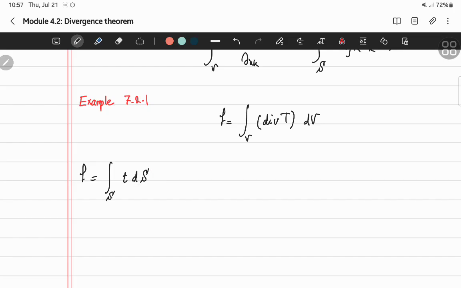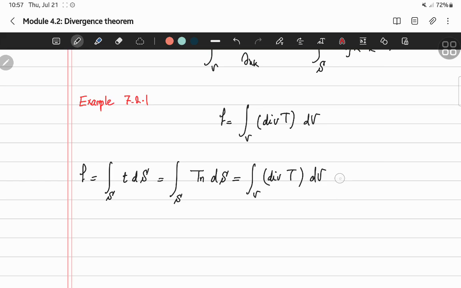So here we have the capital S. If I replace T by Tn by its definition, then I get this value, and I can replace this with the integral of the divergence of T dV over V.